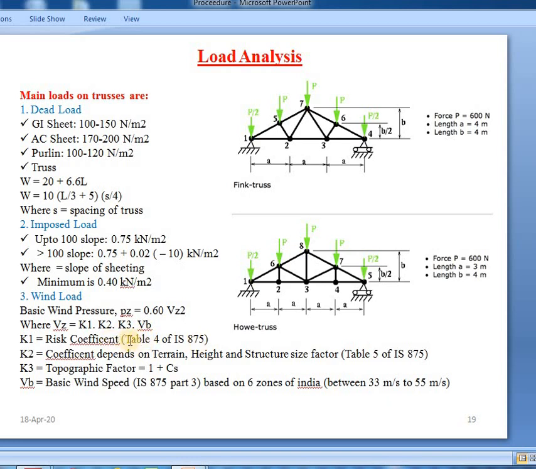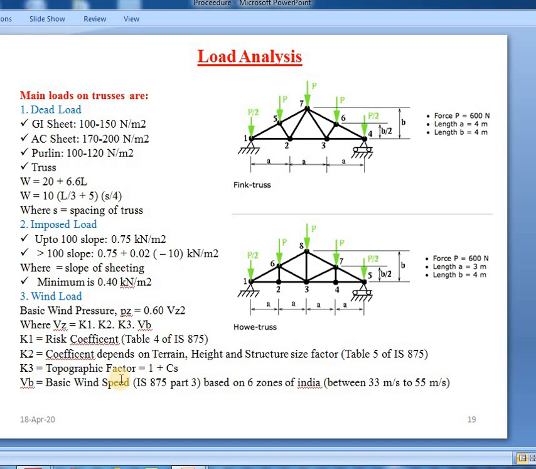Again IS 875 is not allowed, for that reason you should remember; I will explain what values you should remember. And K2 is the coefficient depending on terrain, based on the height and structure size factor from table number 5 of IS 875. Again you should choose the K2 value.